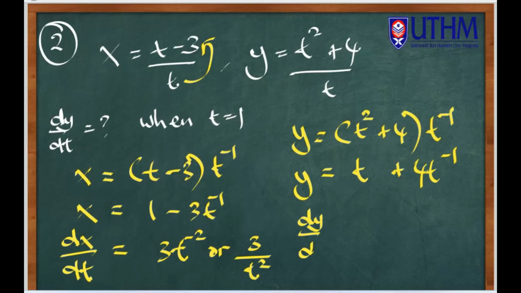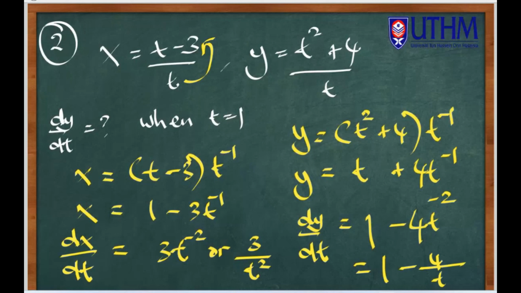So dy/dt, we just differentiate, we get 1 and then negative 4t to the power of negative 2, or we can write 1 minus 4 divided by t squared. Now we can insert everything into the formula.